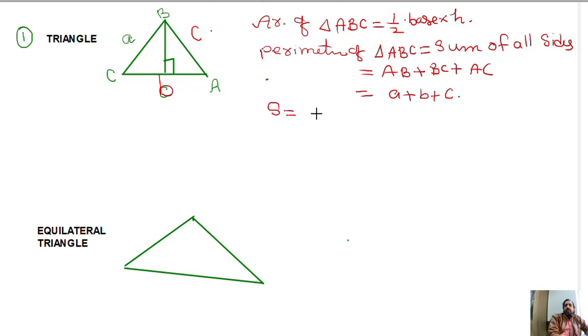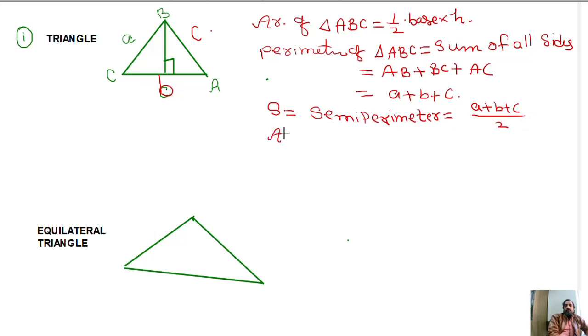Now, s is equal to what? Semi-perimeter. What is the semi-perimeter? Semi-perimeter is nothing but perimeter by 2, a plus b plus c by 2. So that is perimeter and semi-perimeter.